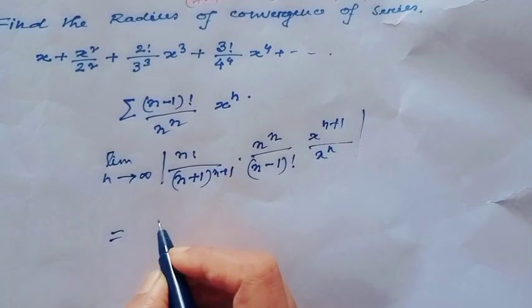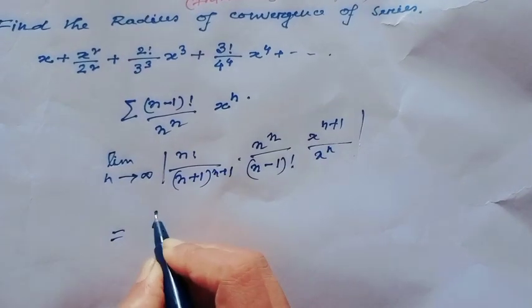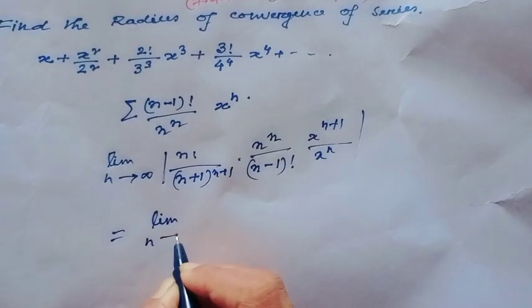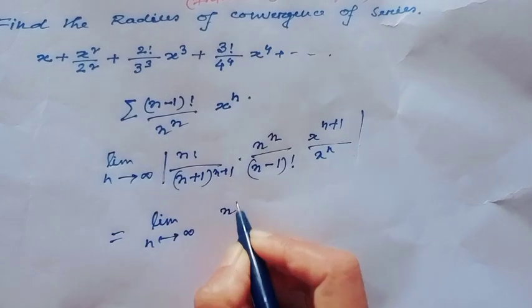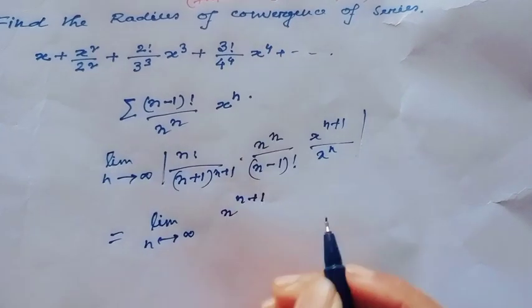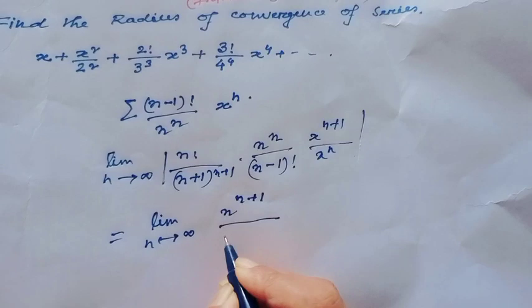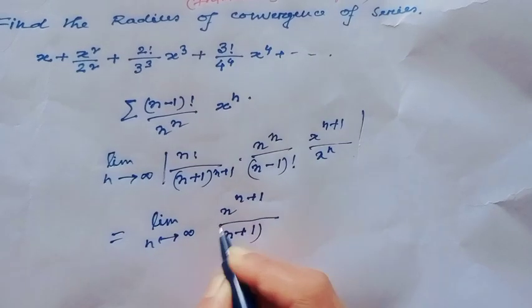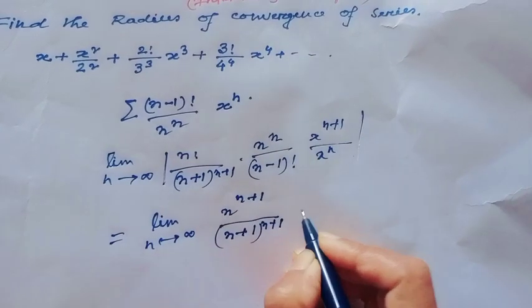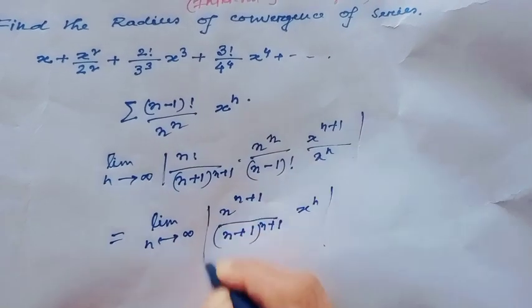Then after calculating, this value would be limit n goes to infinity of n to the power n plus 1 over (n plus 1) to the power n plus 1, times x to the power n, here absolute value.